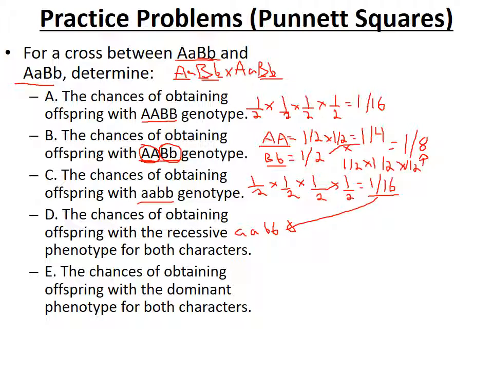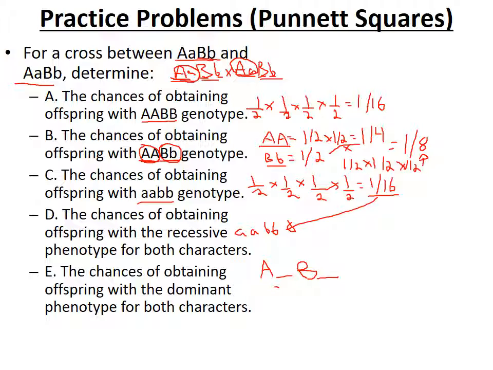The chances of obtaining offspring with the dominant phenotype for both characters. So what that means is big A underscore, big B underscore. So let's think about this carefully. Let's deal with those characters one at a time. Big A. You should know by now that when you have heterozygous crosses, the chances of getting the dominant for a monohybrid heterozygous cross is 3-to-1, 3 being that key word there.